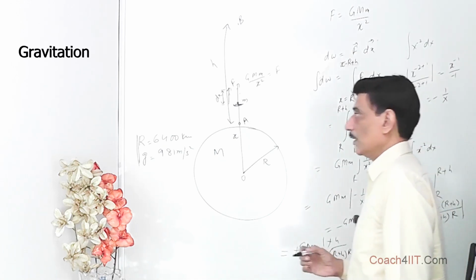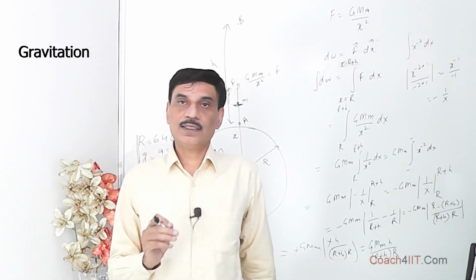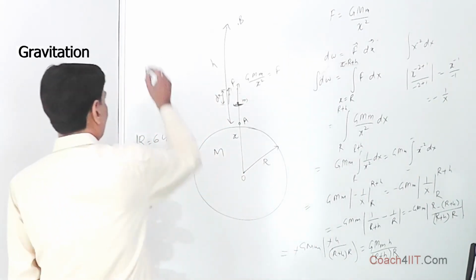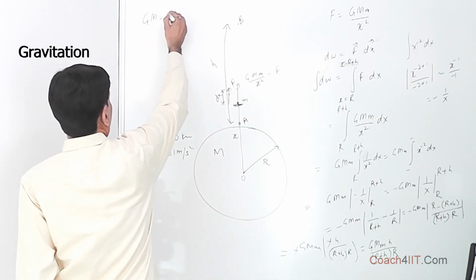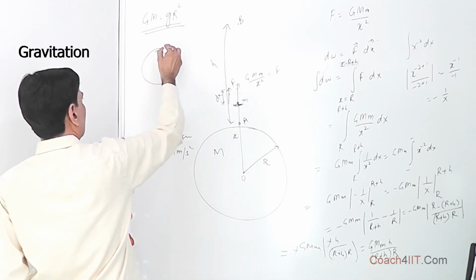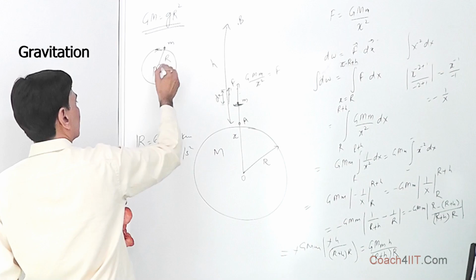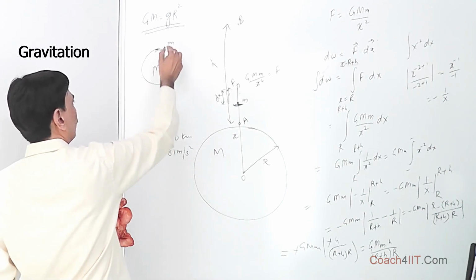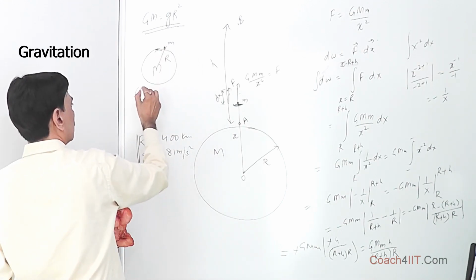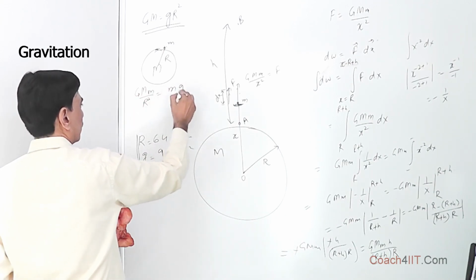As we discussed earlier, one important substitution we shall be using a number of times in this chapter on gravitation is GM equal to gR square. It comes from the surface of earth: if this is a body of mass m, the radius of earth is R, and the mass of earth is capital M, the force of interaction between the two, GMm upon R square, is called the weight of the body.